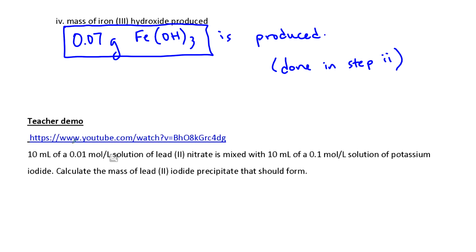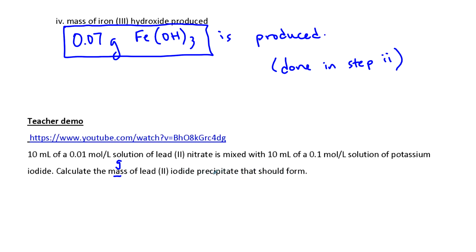So I've got 10 milliliters of a 0.01 mole per liter solution of lead 2 nitrate, and I'm mixing that with 10 milliliters of a 0.1 mole per liter solution of potassium iodide. Calculate the mass, which is always going to be in grams, of lead 2 iodide precipitate that should form.